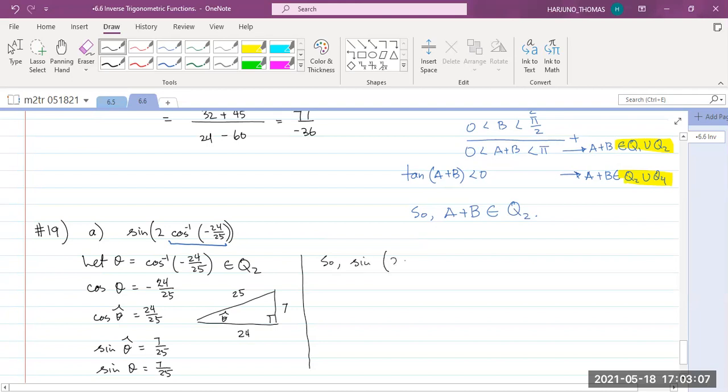Sine of 2 cosine inverse of negative 24 over 25, by substitution, is sine 2 theta, which is 2 sine theta cosine theta. And according to what we have there, sine theta is 7 over 25. Cosine theta is negative 24 over 25.